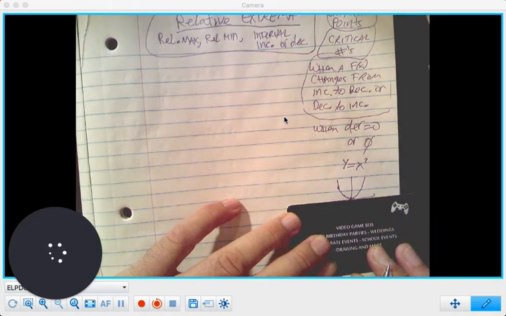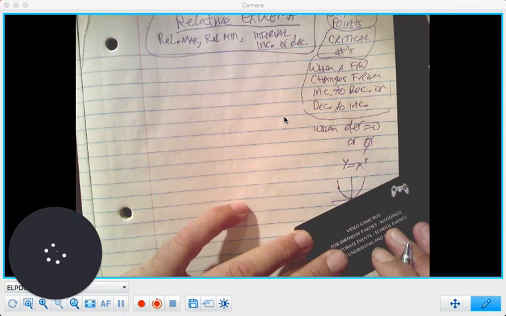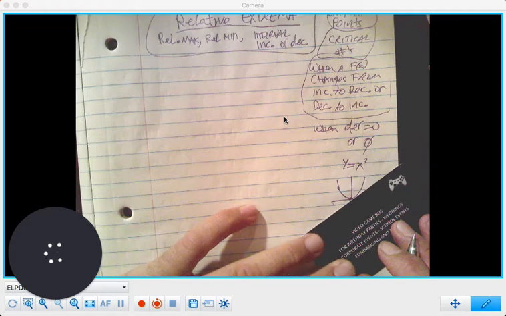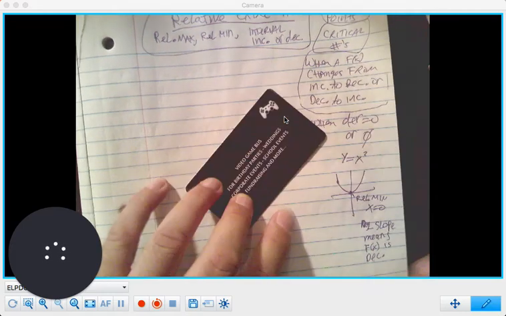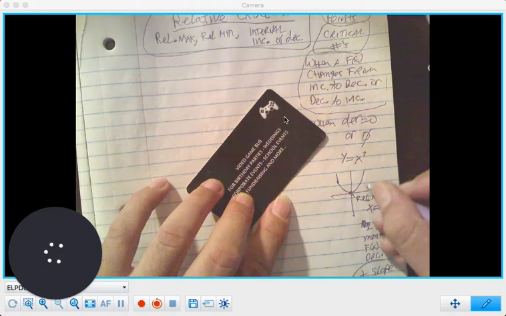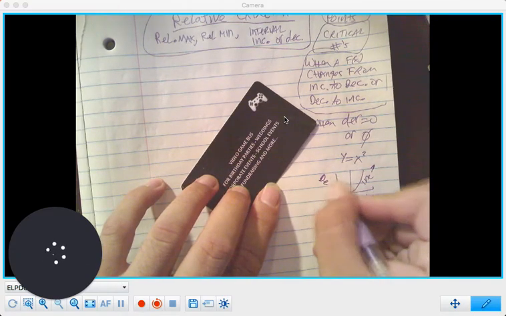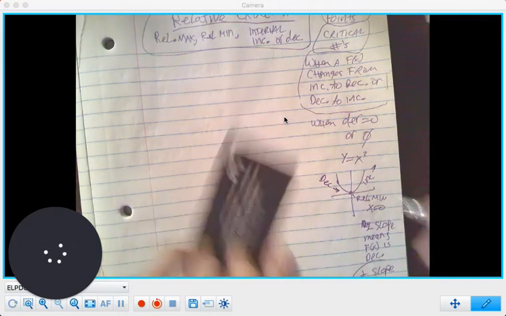After 0, you start to go up. So this is a positive slope, function increasing. Here the function is increasing going that way and decreasing going that way.